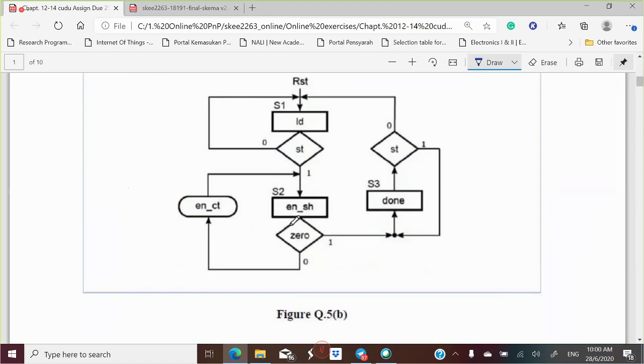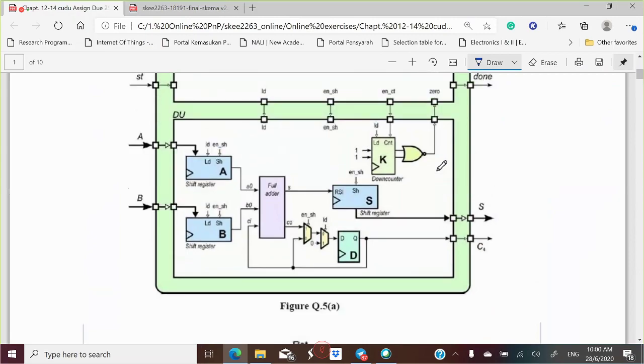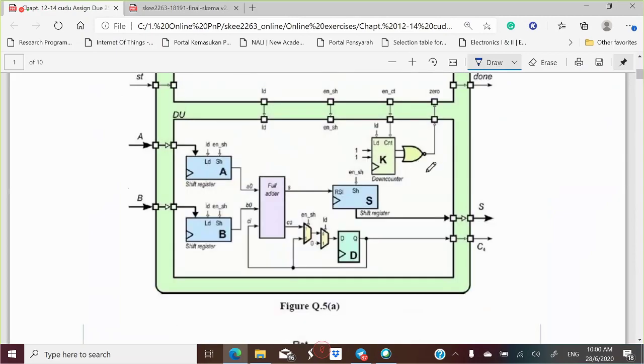So what is the 0 point? 0 is from the counter, right? Yeah, 0 is from the counter. So when the counter is 0, the 0 will trigger on high. And then the enable shift will always do enable shift until you finish count.